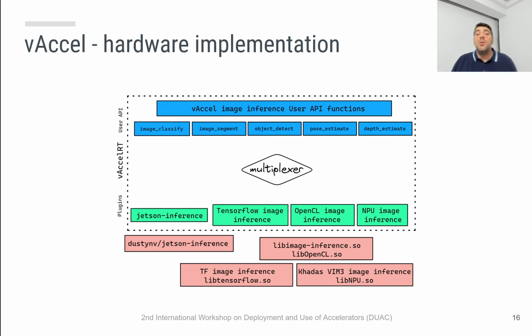So the JSON inference plugin, for instance, calls the generic JSON inference API calls offered from this NVIDIA example repo.